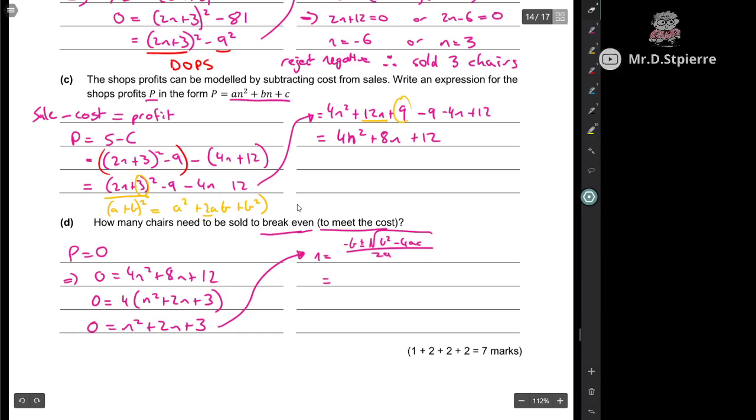This can happen in a test, and it's not a problem when it's asking how many chairs to be sold. If you're saying I need to sell 2.33 chairs, well, you can't really do that, so all of that is wrong. I'll come back to all of that.